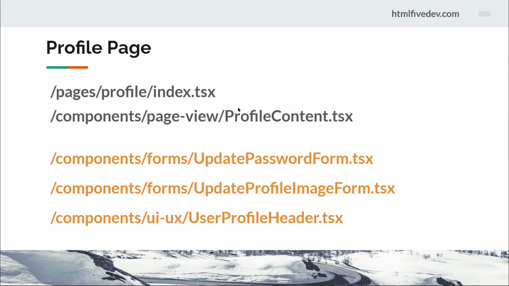As I mentioned before, everything I put before this content file, but later on when I refactored it, I divided them up into these three components. And the first one was the header, which I kept under UI UX. And the other guys were forms, so I put them under forms, update password form TSX, and update profile image form TSX. That being said, let's go to the code.